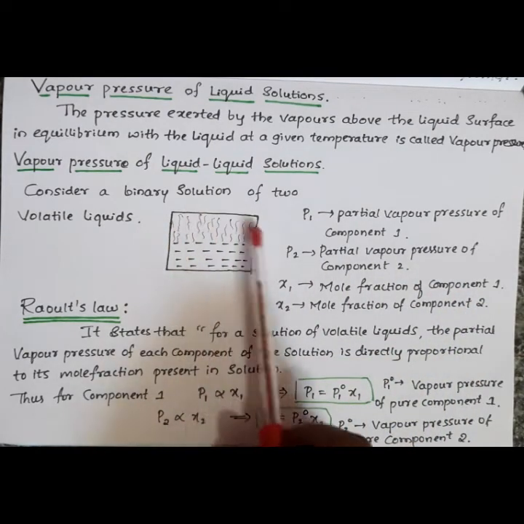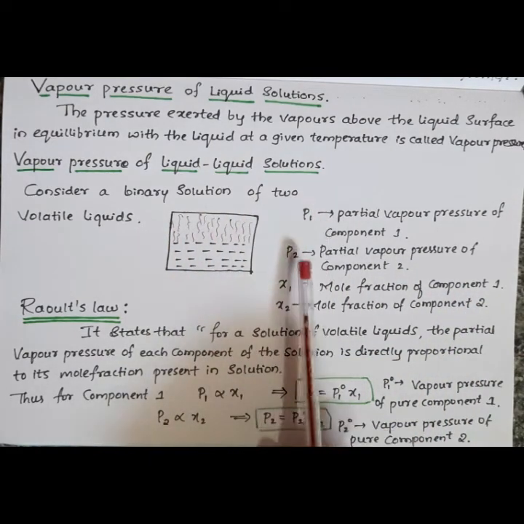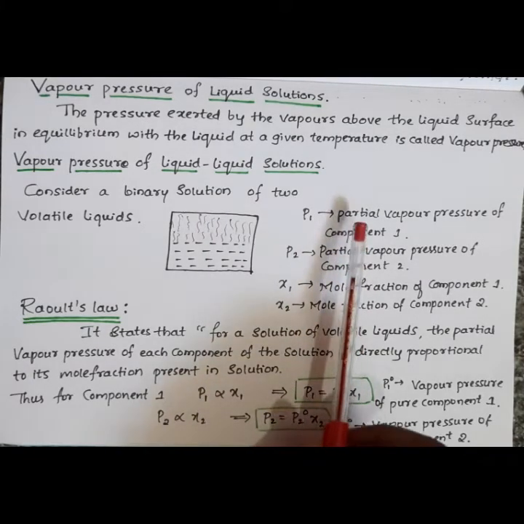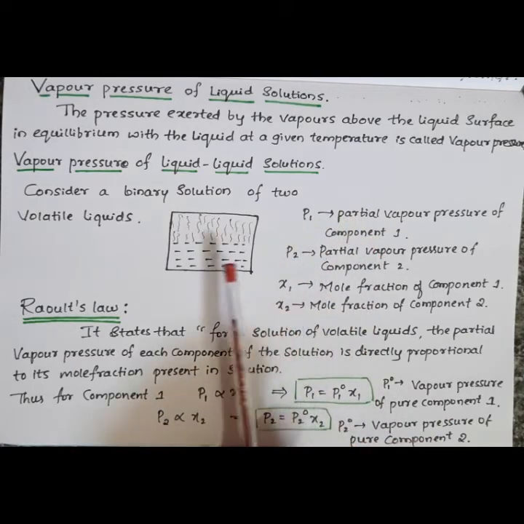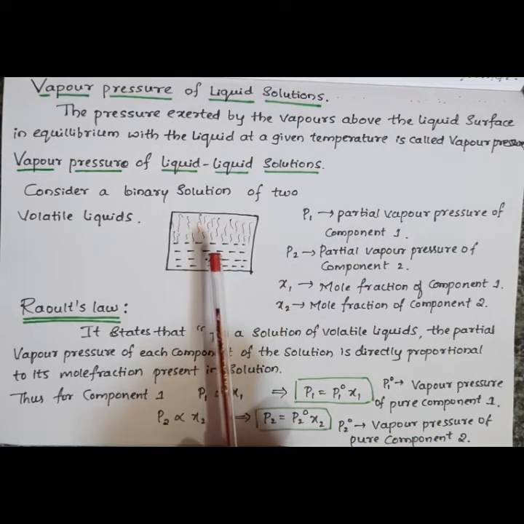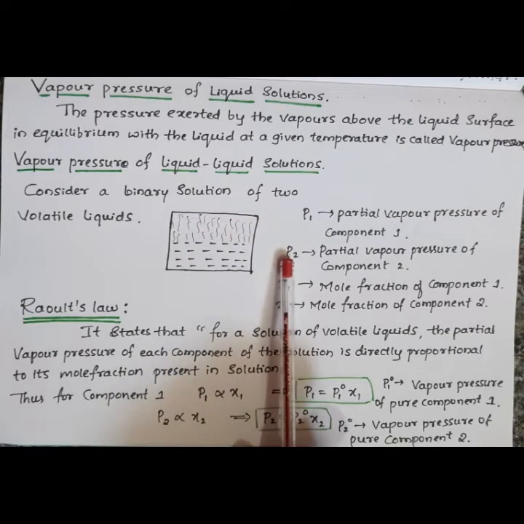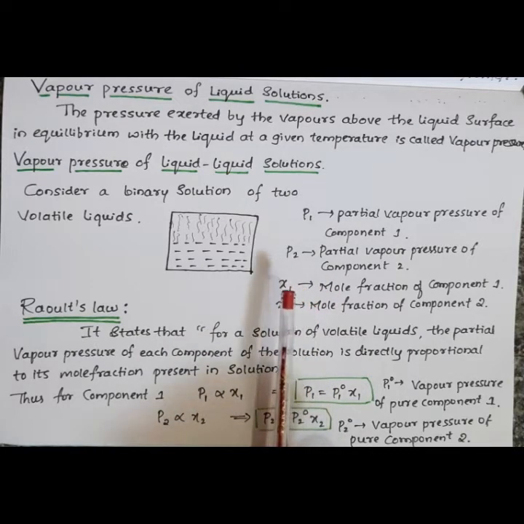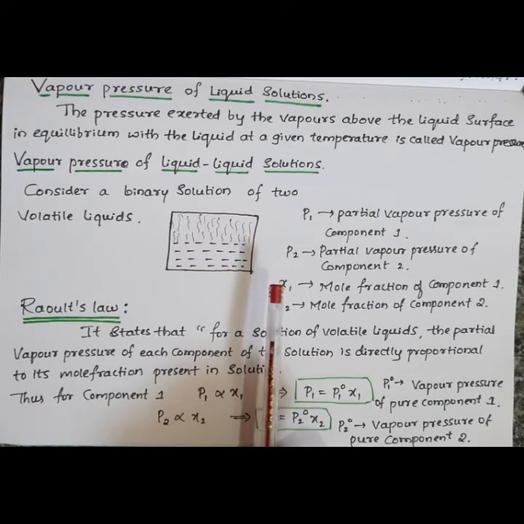This is the symbolic representation of components 1 and 2, their mole fractions and their partial vapor pressures. Now how can we relate the partial vapor pressure of both components with their mole fractions? Are they directly proportional, inversely proportional, or equal?